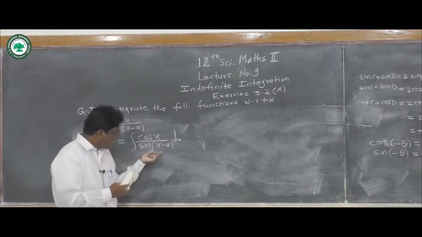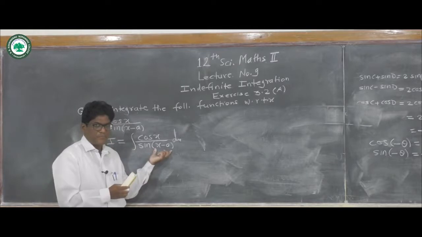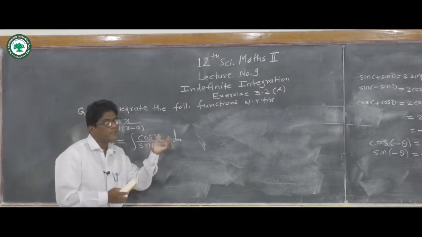In the denominator the angle is x minus a, and in the numerator the angle is only x. We have to adjust x minus a in the numerator.